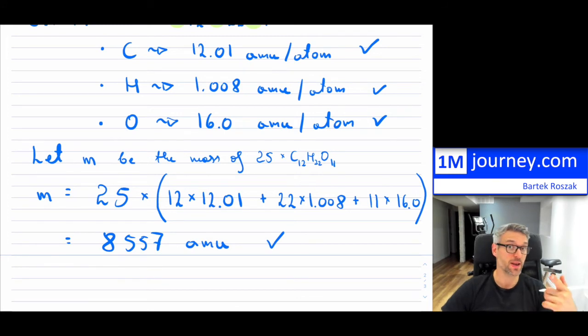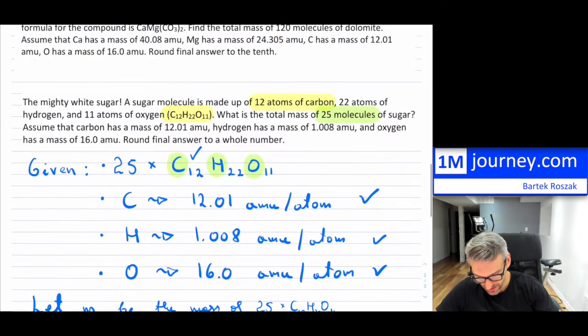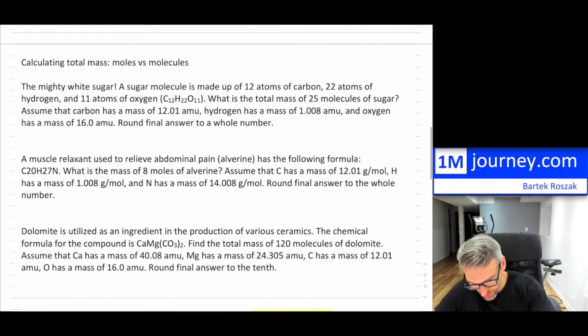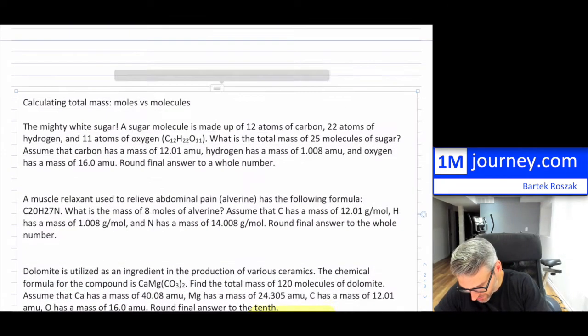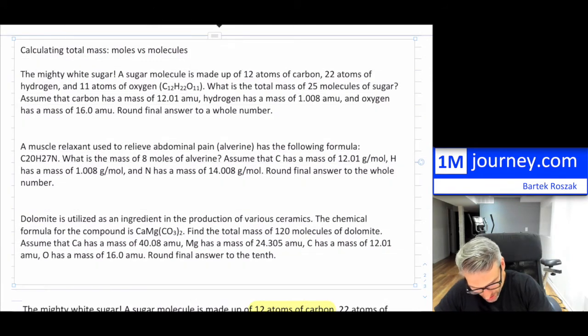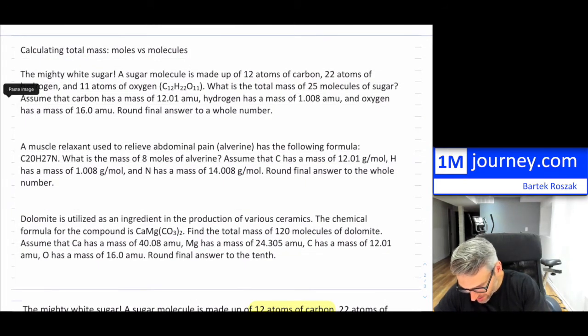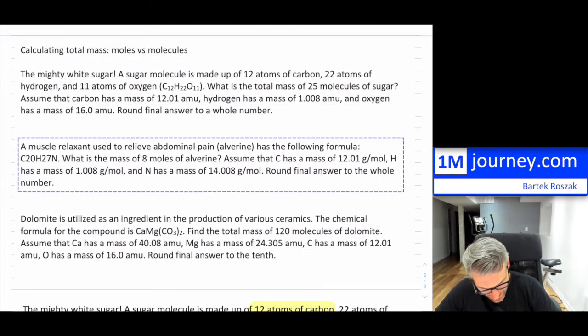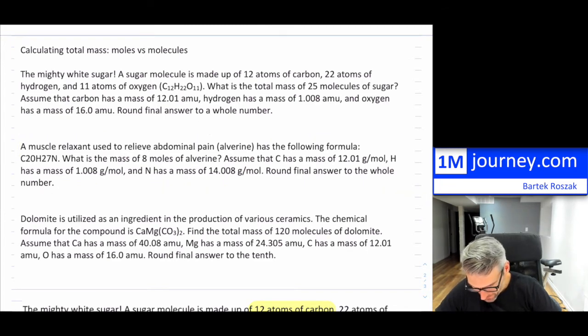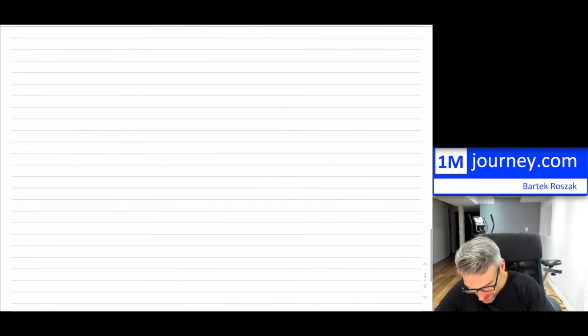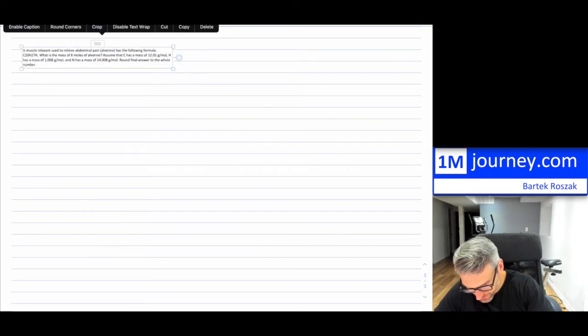Let's take a look at another example, which might help you a little bit as well. So my second example within here, let me copy these down. It's the second problem that we have.